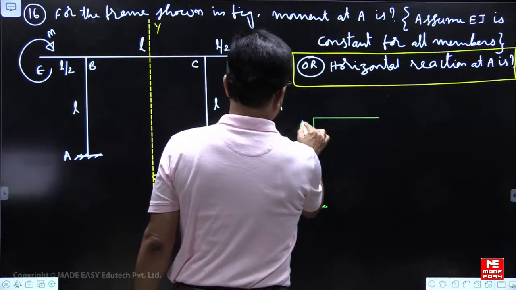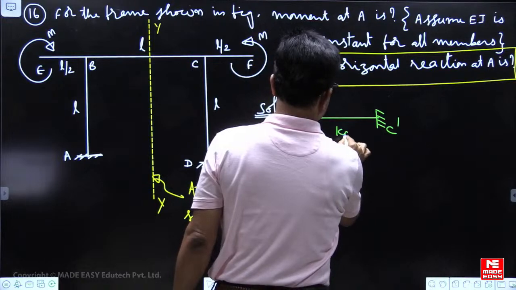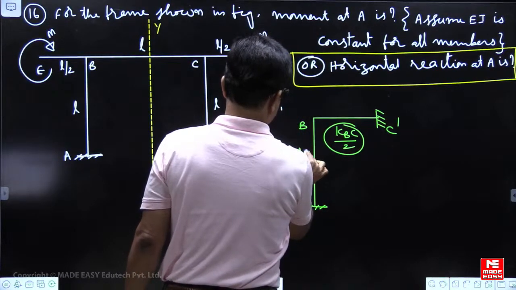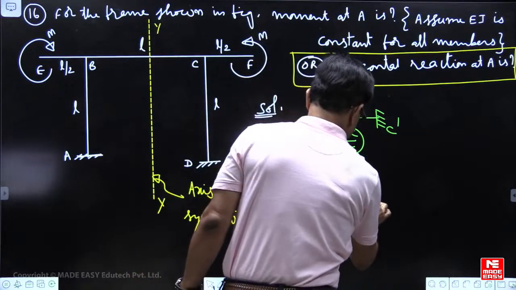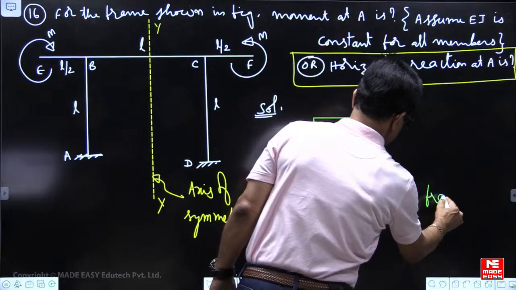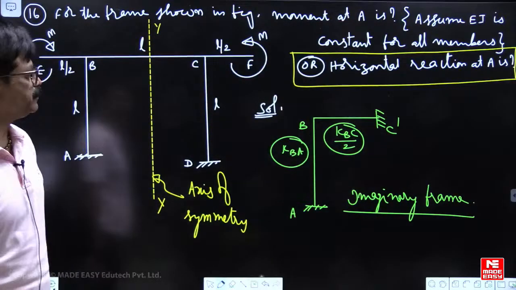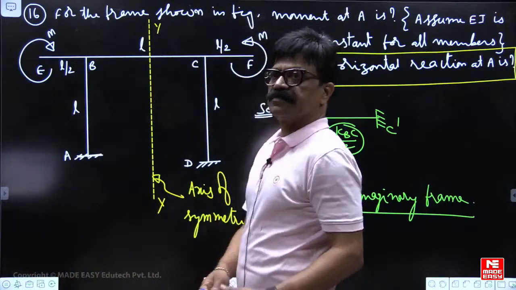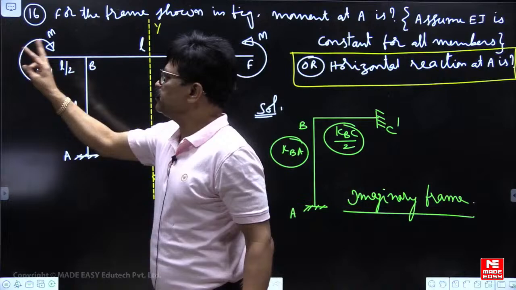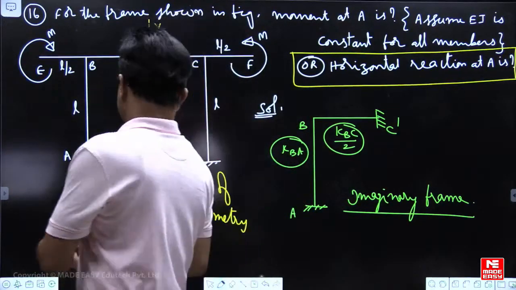This is A, B, C dash. Imaginary frame. Now, whatever moment M is there at E, you will cut here, remove this, and moment at B also becomes M. This is equivalent to this one.